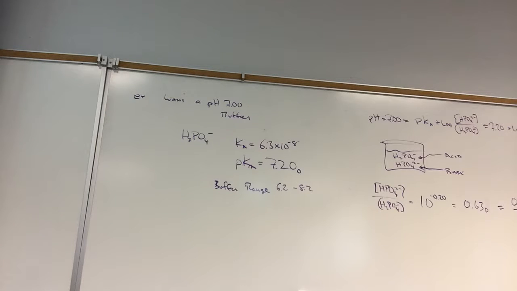That's 1.58, something like that. All right. So it could be 1 to 1.58, or whatever else is in this ratio. Anything that is in the same ratio will work.